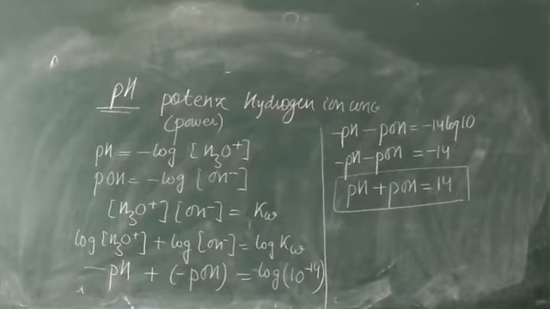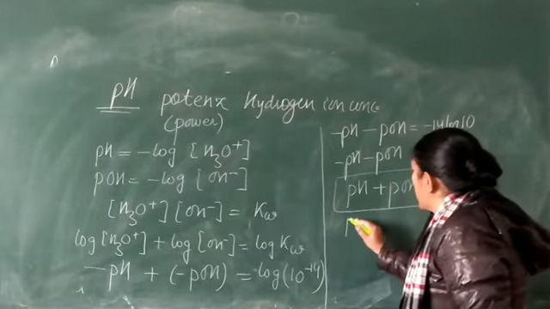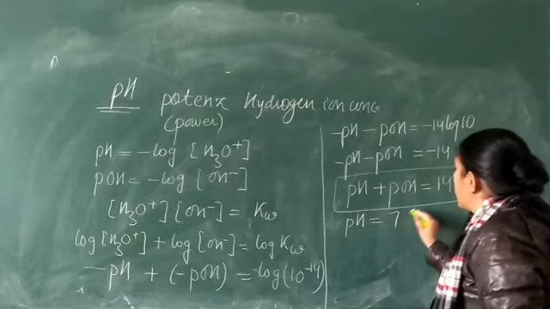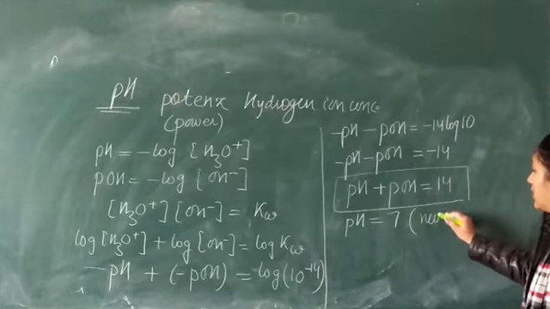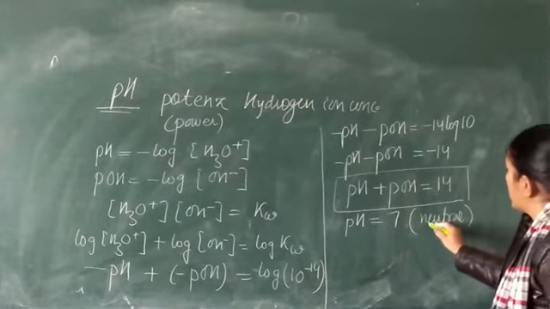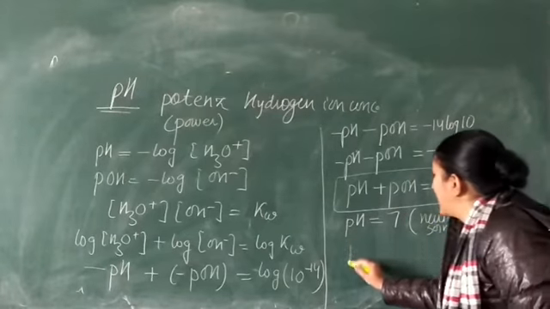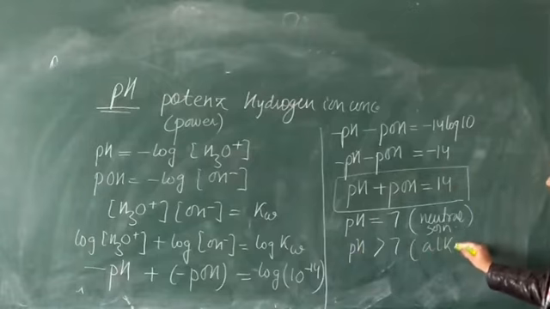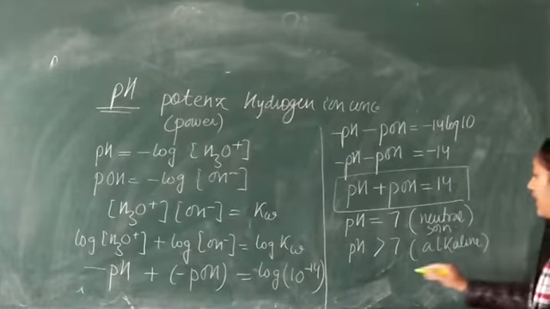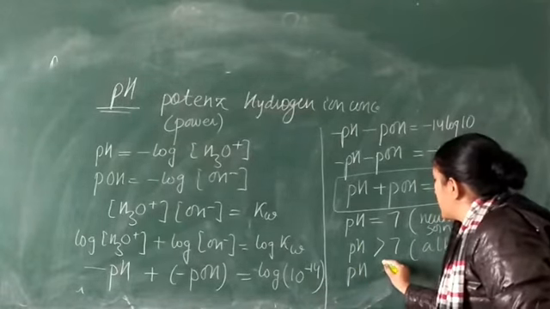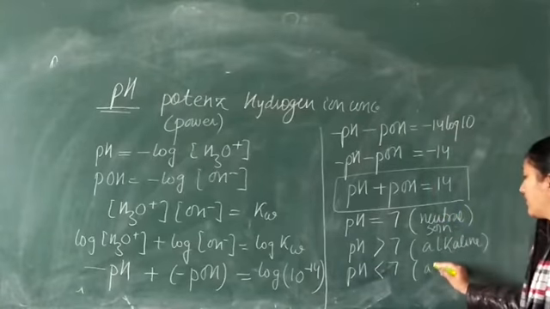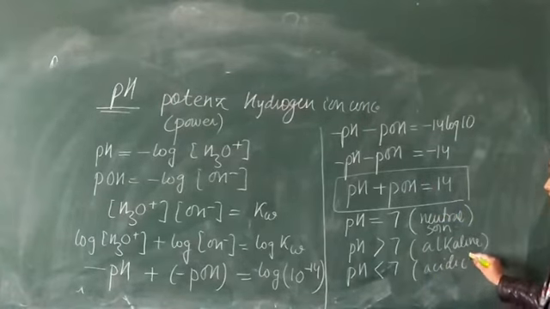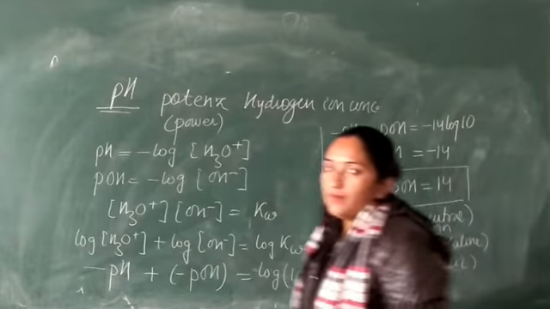And you all know that when pH is equal to 7, it is a neutral solution, and pH greater than 7 is alkaline, and if pH is less than 7, student, it is an acidic solution, right?